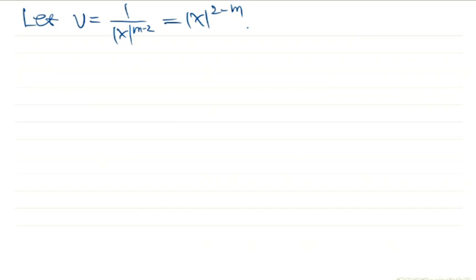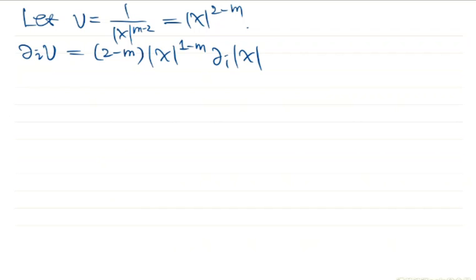So we compute this v. The partial derivative of this v by the chain rule is 2 minus m times norm of x to the power 1 minus m, then the partial derivative of the norm of x. And we know that the partial derivative of the norm is just xi over the norm.